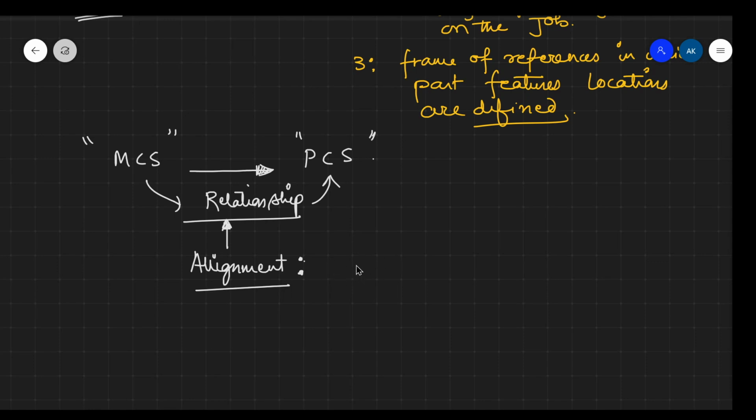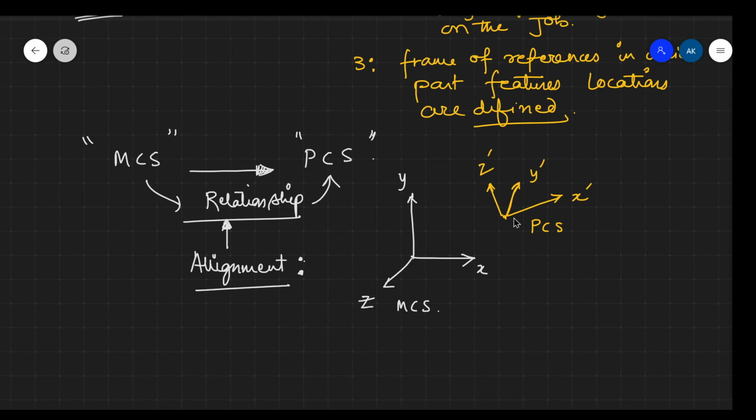Why? You see, there is one coordinate system over here, which is the machine coordinate system, and there is another coordinate system which can be in any direction. This is your part coordinate system. Let this be x prime, y prime, and z prime, and let this be your x, y, and z.